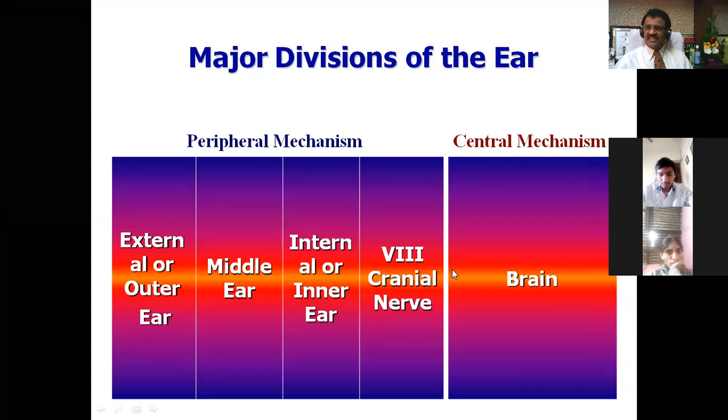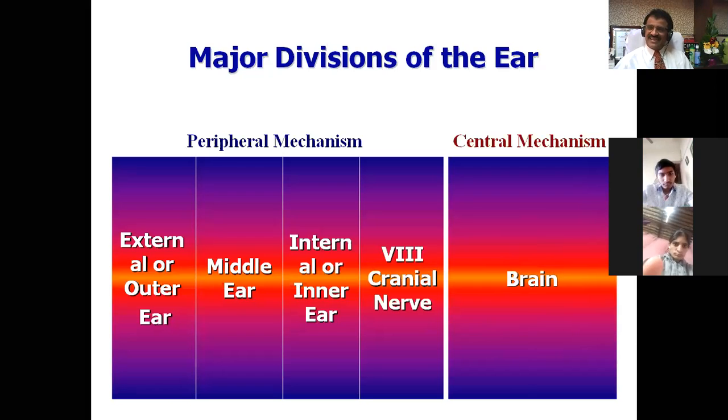The central mechanism lies with the brain. The brain has the cerebrum, the cerebrum has cerebral hemispheres, and the cerebral hemispheres have four functional lobes, and one of them is the temporal lobe, which has areas for hearing. You know those areas: 41, 42, 20, 21, 22.